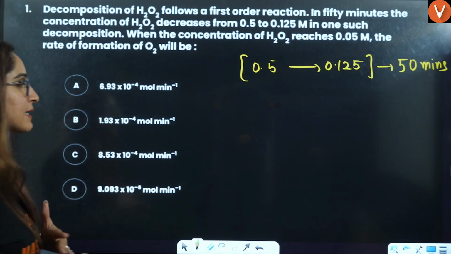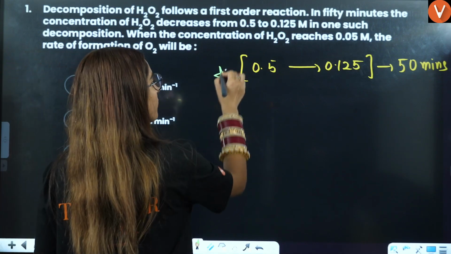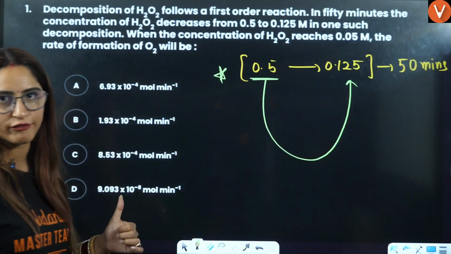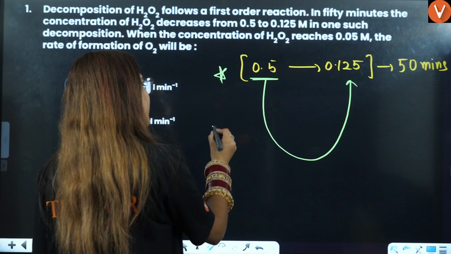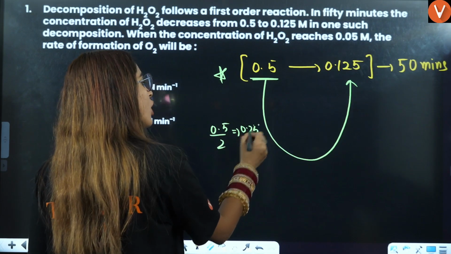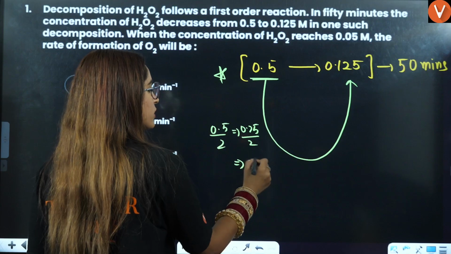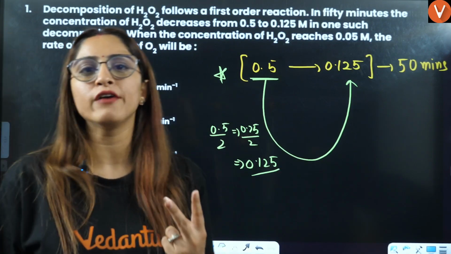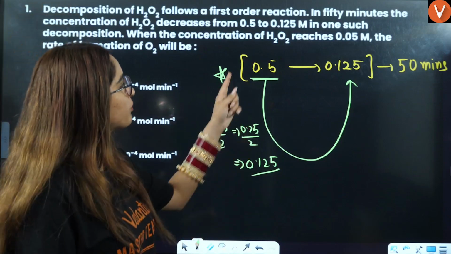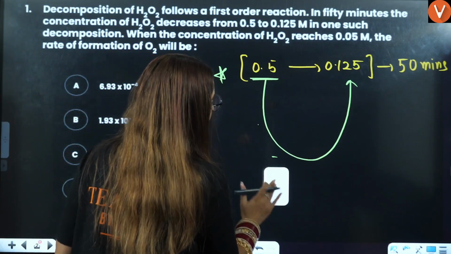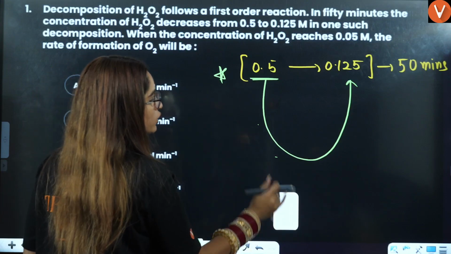We start from 0.5 to 0.125. 0.5 divided by 2 is 0.25, and 0.25 divided by 2 is 0.125. That means 2 half lives are needed to convert 0.5 to 0.125.